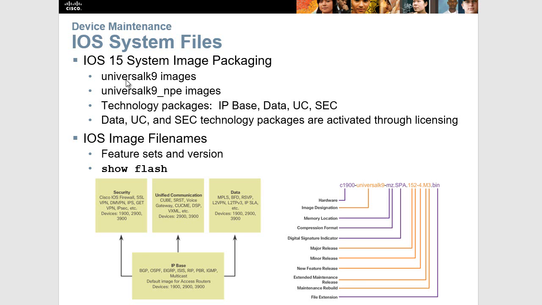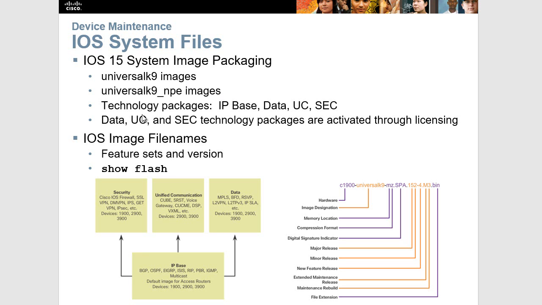Some countries require encryption to be limited, though, and in that situation, you've got the NPE images, which are going to not support any strong payload encryption due to country policies. So this will be a little bit more limited. This is going to have all features depending on where you are. You'll want one of these images as you decide to upgrade your software on your device.